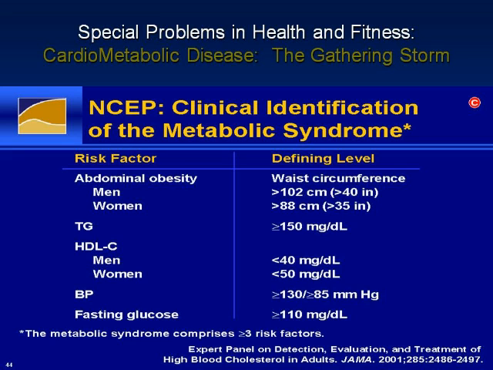But here at least is a glimpse at what has traditionally been held to be five of the most important risk factors for the metabolic syndrome or cardiometabolic disease: abdominal obesity, triglycerides, HDL subfractionation, blood pressure, as well as fasting glucose. The numbers on the right indicate the threshold numbers, above or below which one would be at risk and qualify as a person with the metabolic syndrome.